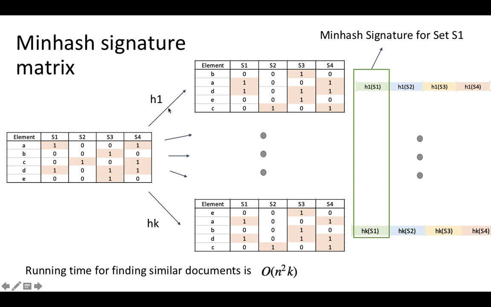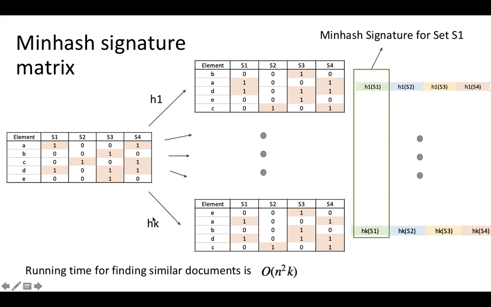We can represent our characteristic matrix more compactly with signatures. Again, think of a collection of sites represented by their characteristic matrix. To represent the sites, we pick a number k of permutations of the rows of the characteristic matrix. Perhaps 100 permutations or several hundred permutations will do.